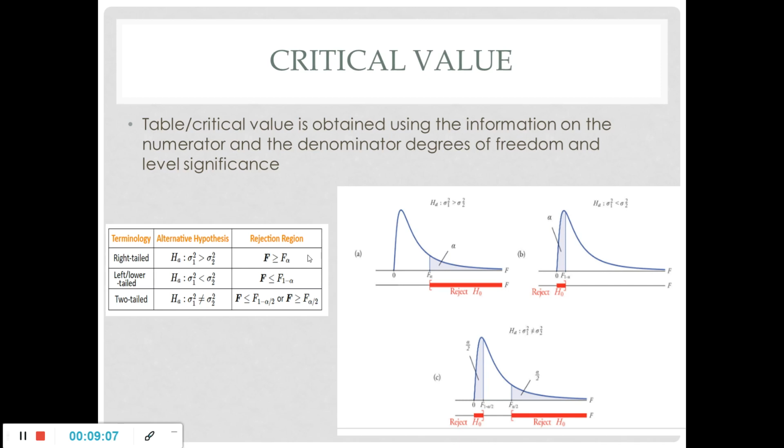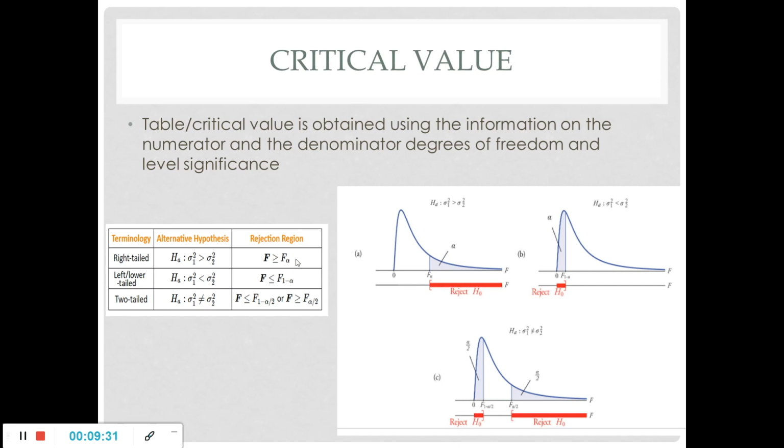So when you go on finding the critical value using the table, the one thing that you should note here is, for a right tail test, it is okay. You can directly go by the given alpha. That is nothing but the level of significance.